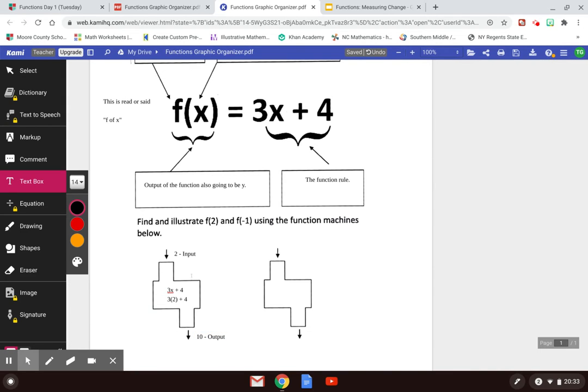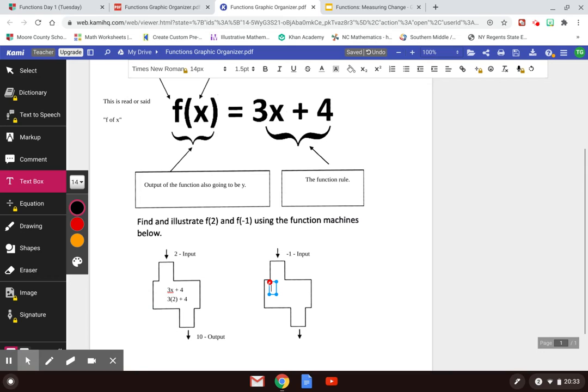So you notice how you had the input of 2. It went into the function. The function rule changed that 2 into a 10. And that was the output. Okay, so same thing over here. If I have negative 1, that's going to be my input to the function. Again, I have the same function rule of 3x plus 4.